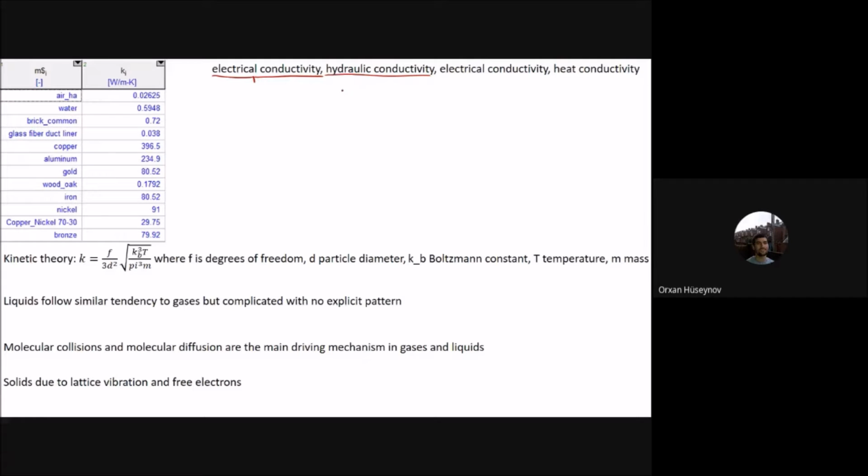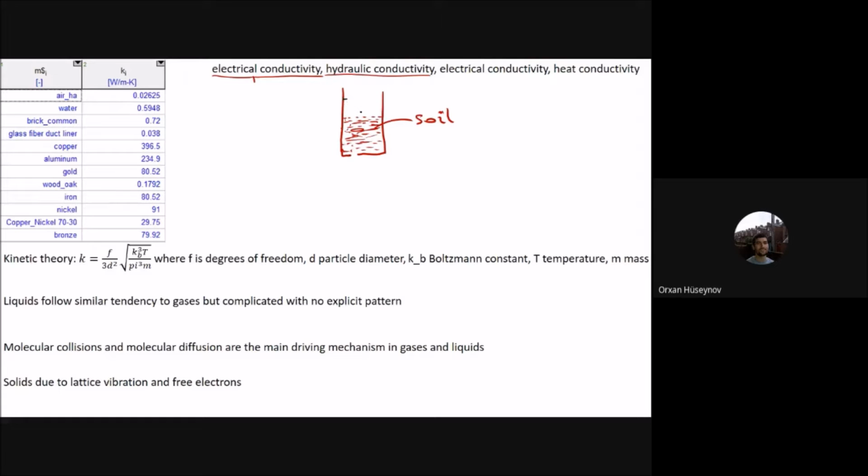For hydraulic conductivity, say I have a glass, and inside this glass I have soil, or it can be any different material.